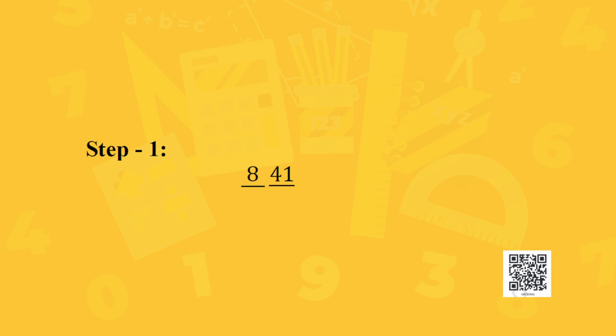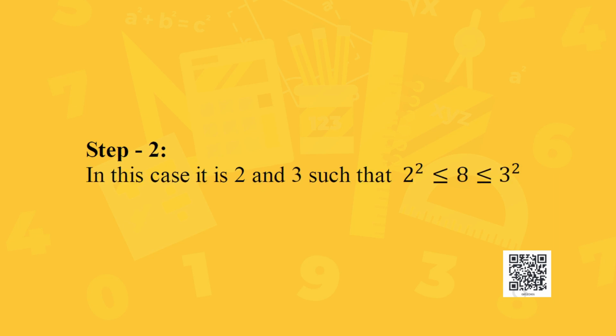In step 1, divide the number into two parts by taking the unit and tenth digits together as one part and the remaining digit as the other part. So let us identify these two parts by putting bars below them. So we kept a bar below 41 and we kept a bar below 8. So moving on to step 2, find two numbers such that the last digit lies between their squares.